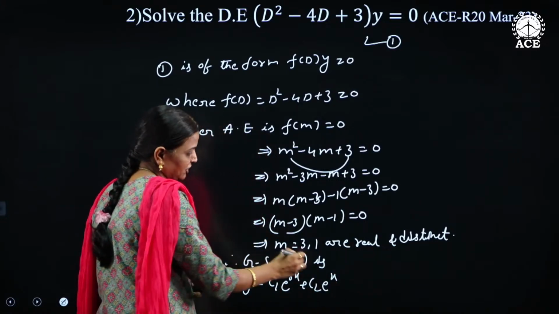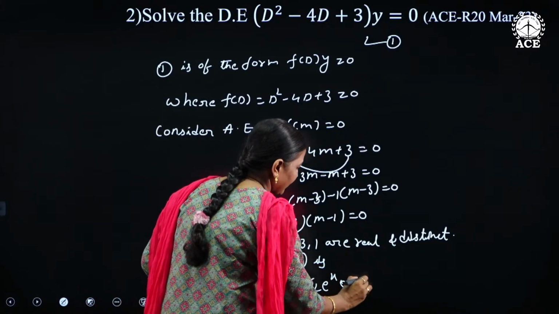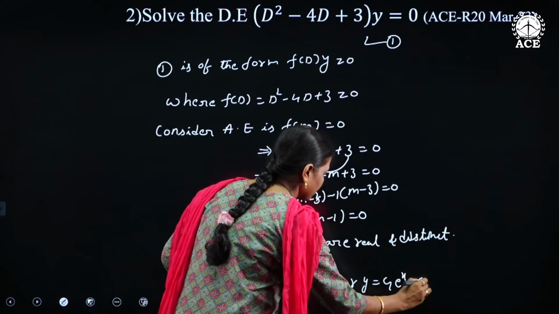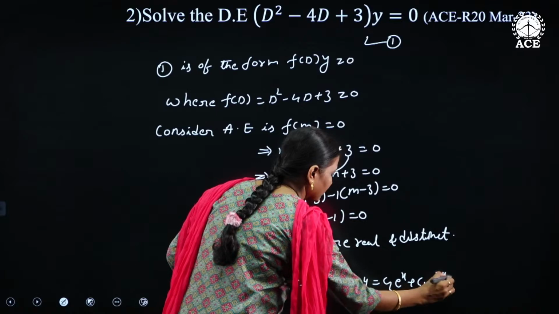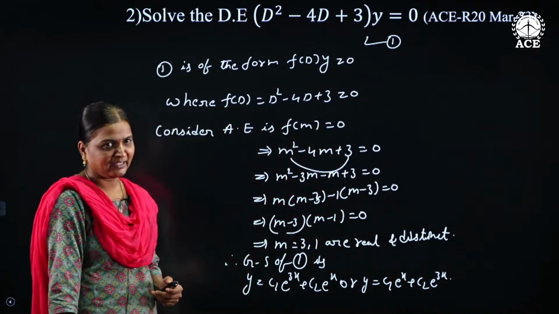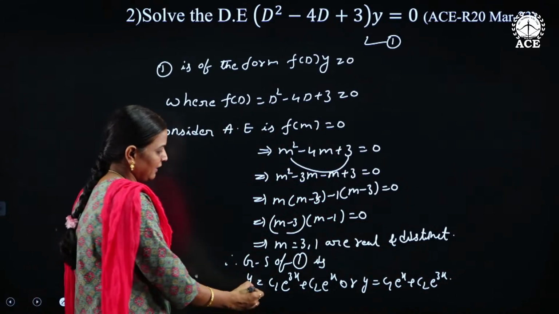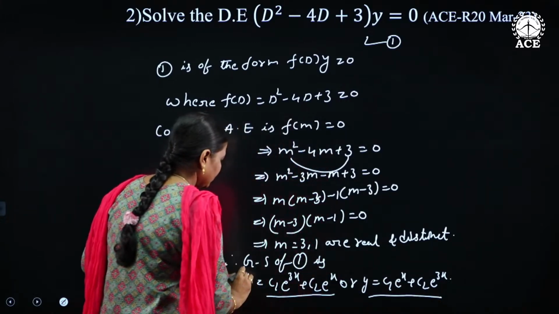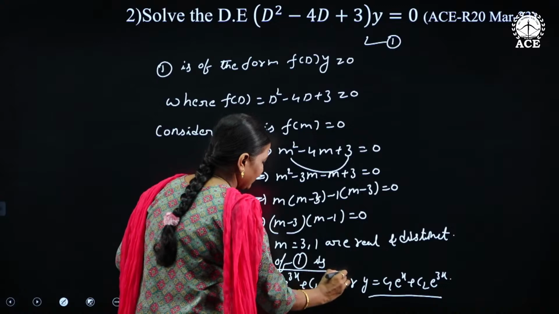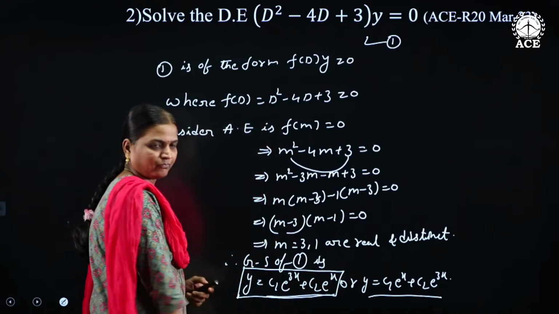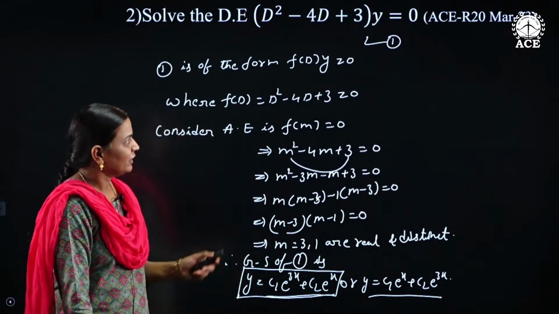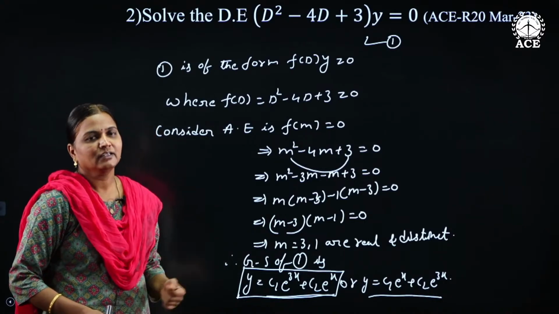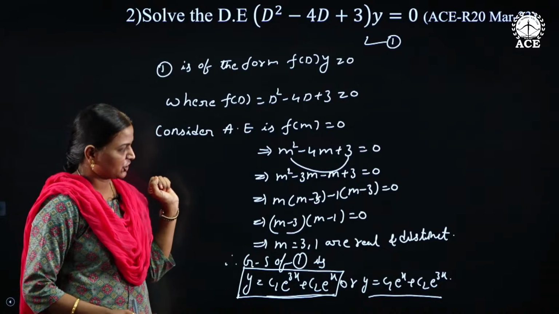We can also write this as y is equal to c1 into e power x plus c2 into e power 3x. You can write in any order, that is our choice, but both forms are correct. So this is the general solution of the given differential equation. Here the solution of a homogeneous differential equation totally depends on the roots of the auxiliary equation.